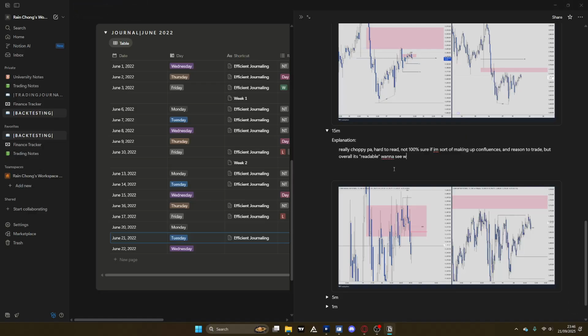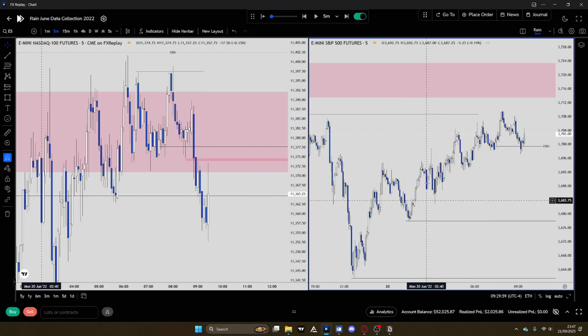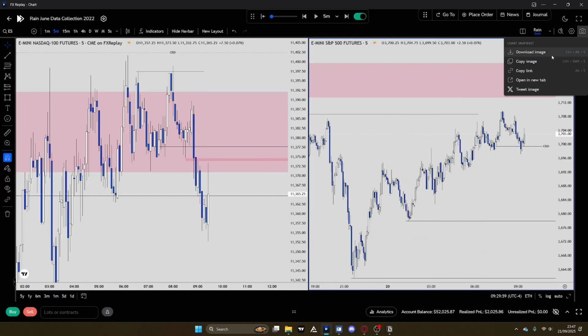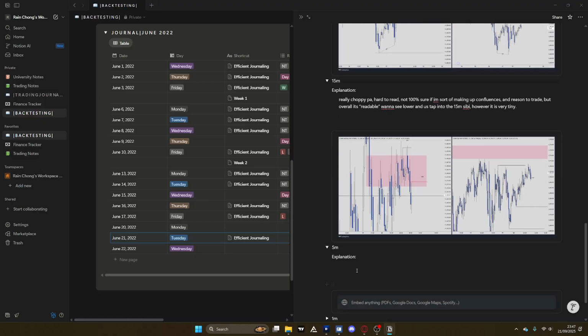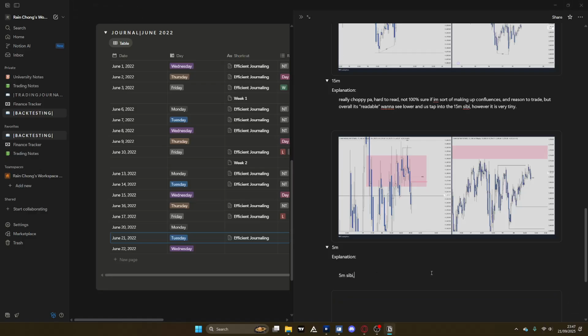Want to see lower and us tap into the 15-minute SIBI. However, it is very tiny. And 5-minute. Five-minute SIBI. Let me see us tracing that.